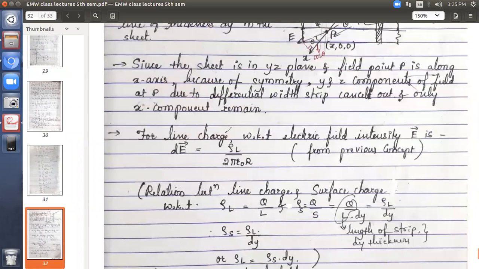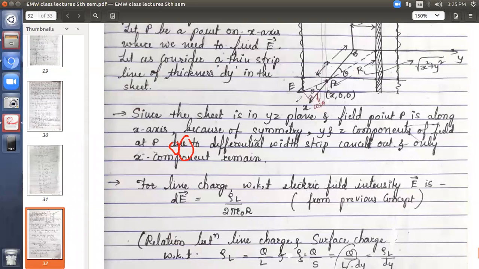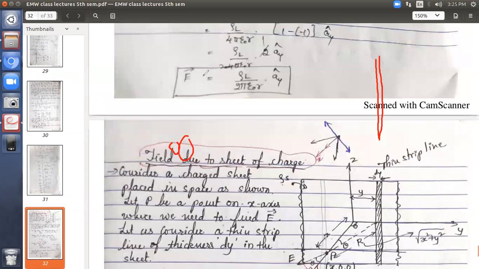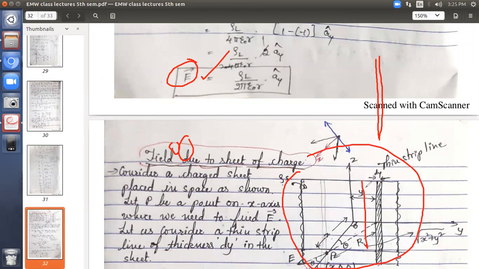See, we already know that for a line charge the electric field intensity is dE, actually it was dEy, but don't take Ey here because the components are getting changed. So simply take dE. Now, why dE and why not the complete E? That may be the question. No doubt, for a complete wire, this is our expression, capital E. But if you take the complete sheet, it has many such lines, many such strips.